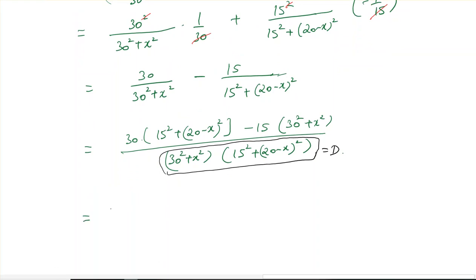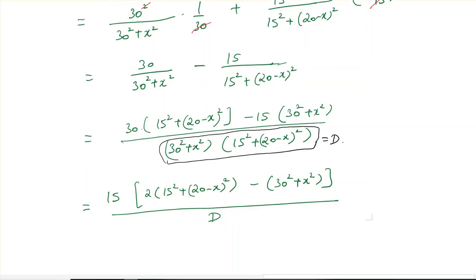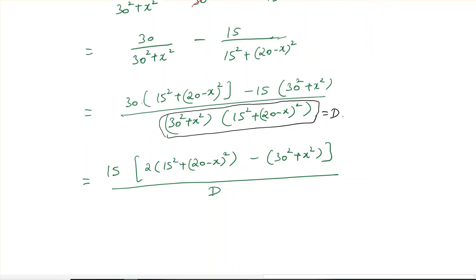In the numerator, I can take 15 out. Inside, I'm left with 2 times 15 squared plus (20 minus x) squared, minus (30 squared plus x squared), and the whole thing is divided by D, where D is equal to (30 squared plus x squared) times (15 squared plus (20 minus x) squared).